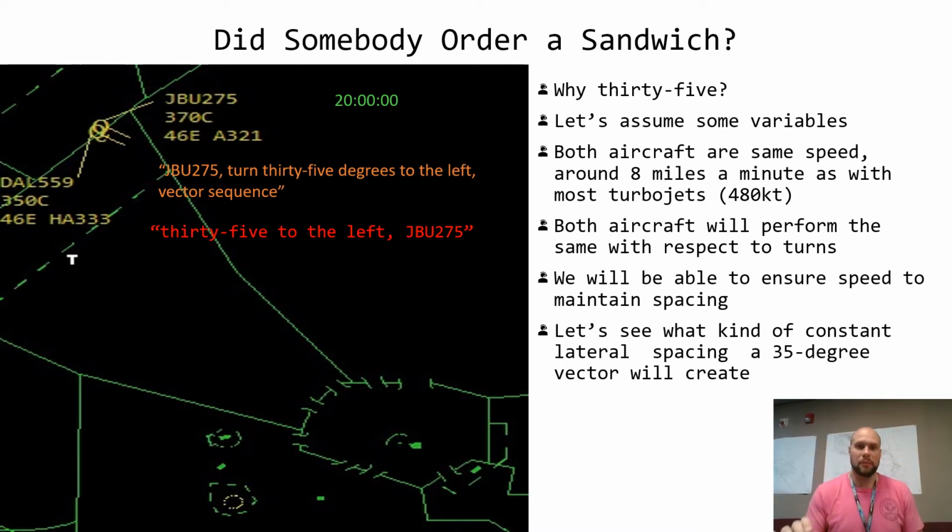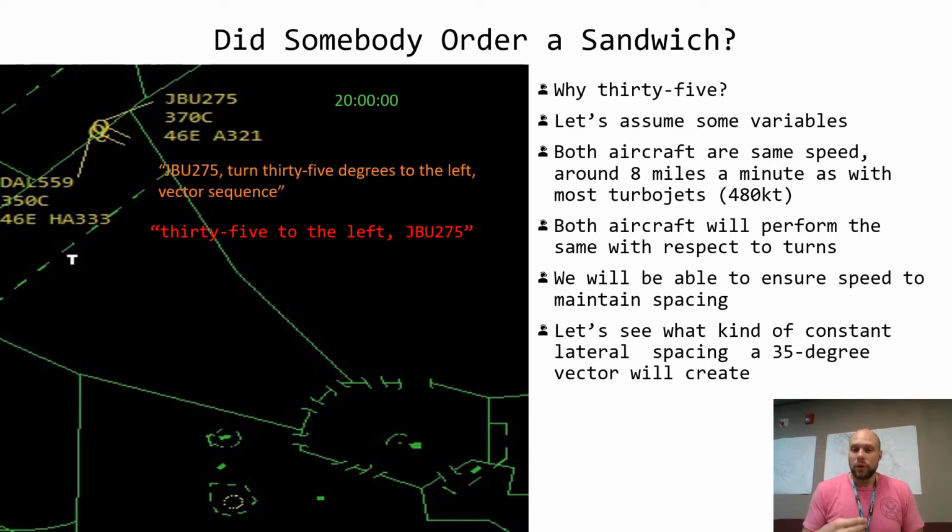Let's assume some variables here. Both aircraft are the same speed, doing around 8 miles a minute as most turbojets do, right? So 480 knots. That's a given. So we have all things considered here. Two aircraft are going to perform the same in the stages of flight. They're at cruise now, in the descent, and when they hit the ground speed area near Sailor, okay?